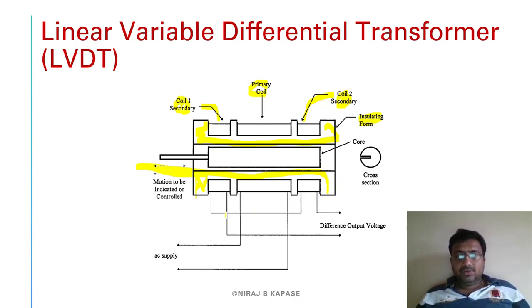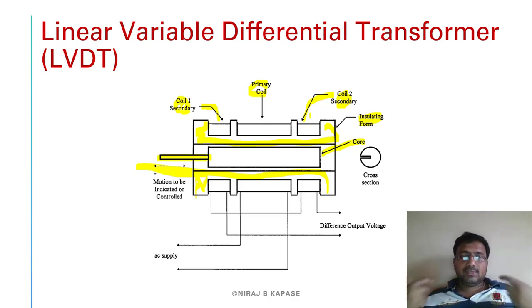On the bottom side also we have the same primary coil and two secondary coils, and the cross section is this one, and we have the core here. This ferromagnetic core is placed in this. Whenever the shaft moves, it changes the induced EMF in coil 1 and coil 2. Because both coils have the same number of turns, both produce the same voltage when there is no motion or displacement.